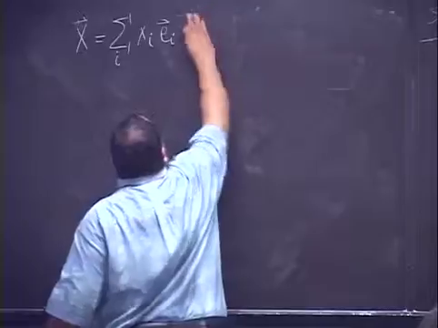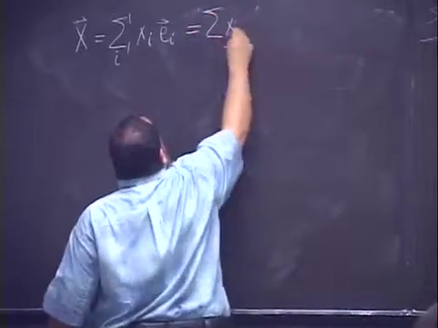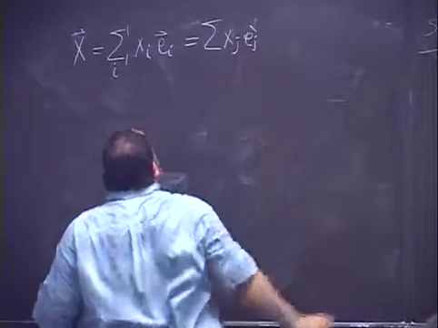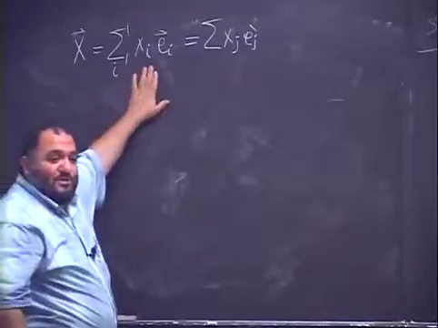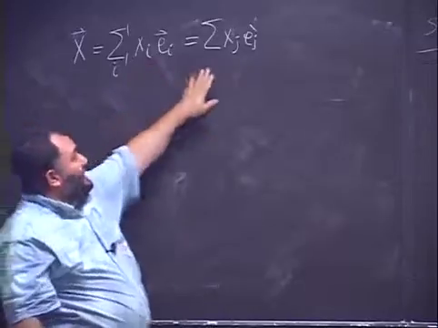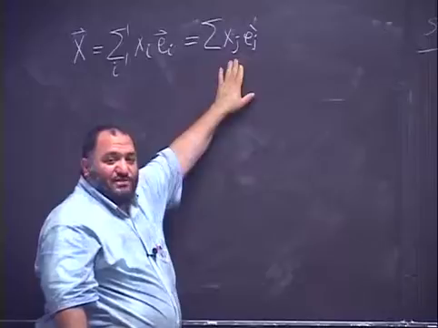Same vector, the same vector, I can write it with respect to the xj component in the aj primed. So a vector, I can write it as a component in ijk in 3-dimensional space, and I can write the same vector but with respect to i prime and j prime and k prime.